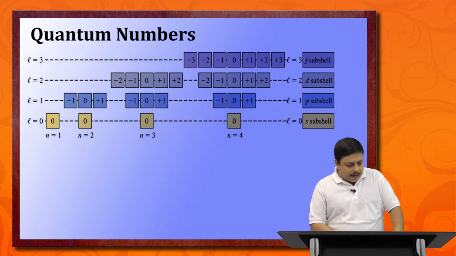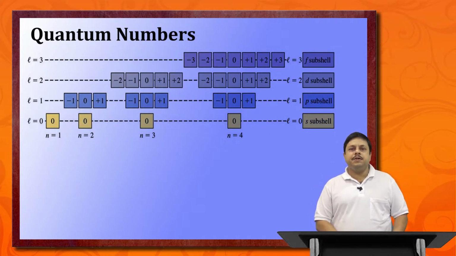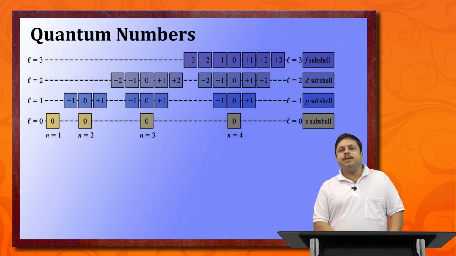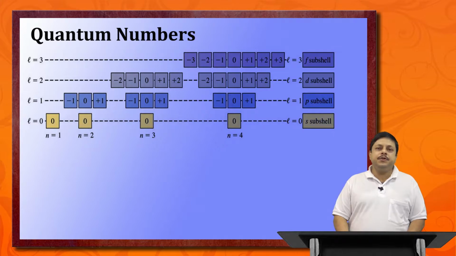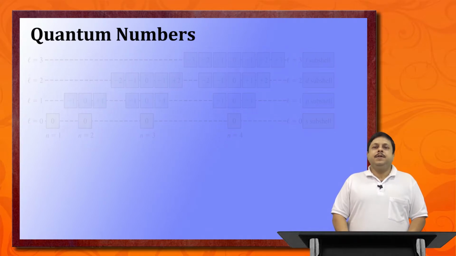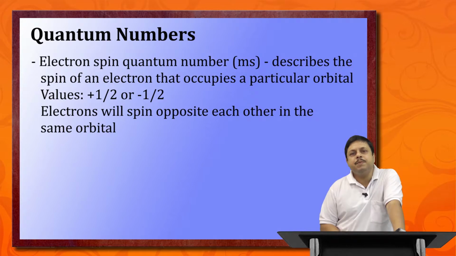There is yet another quantum number which was not a direct consequence of the solution of the Schrödinger equation, but a consequence of an experiment called the Stern-Gerlach experiment, which showed that the electron has an intrinsic angular momentum of its own. This intrinsic angular momentum of the electron is called its spin.